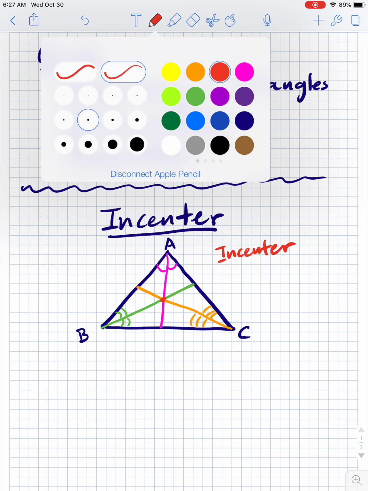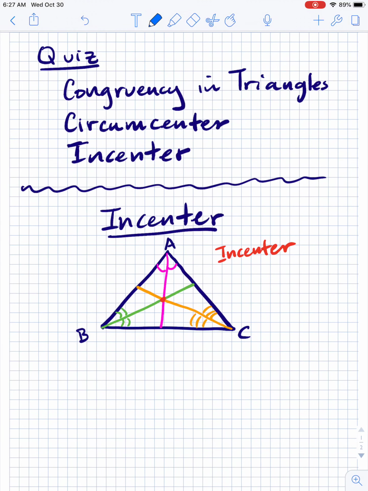And remember what I mean by distance: I'm going from that point, the incenter, and I am making a line that's perpendicular to the side. That perpendicular line is going to be the same distance as the distance from the incenter to line AC.